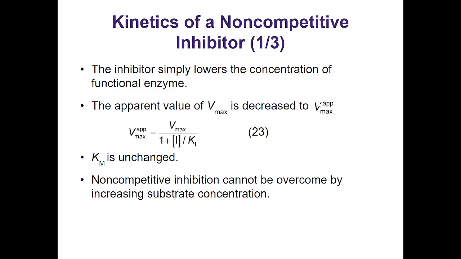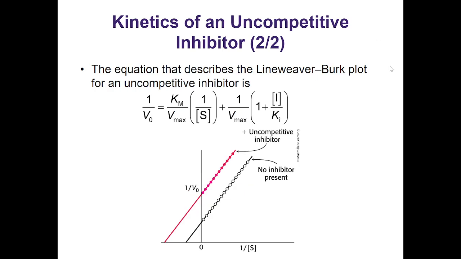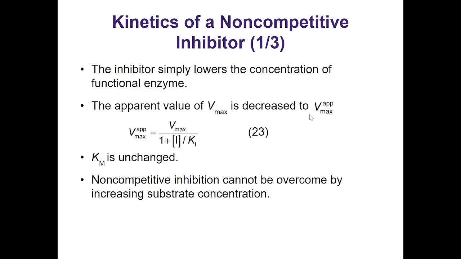So this one's going to be the non-competitive inhibitor. Did you all understand this okay, the uncompetitive inhibitor? All right, so the inhibitor is going to lower the concentration of your functional enzyme in the case of the non-competitive inhibitor. Essentially, we end up sticking to your enzyme, you basically get inactive forms that still bind, right?